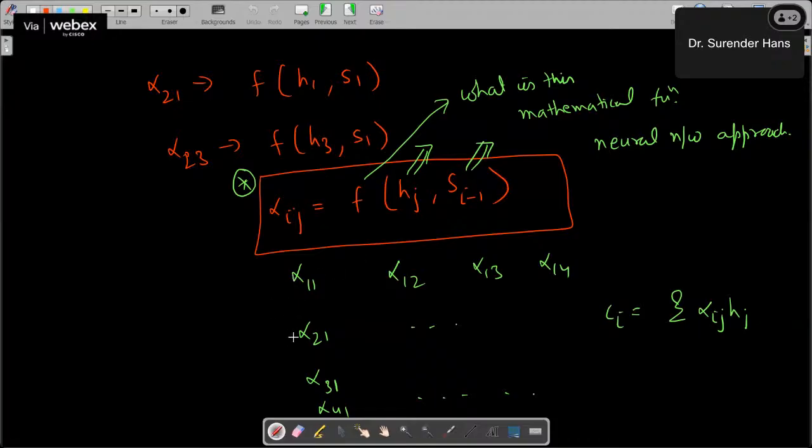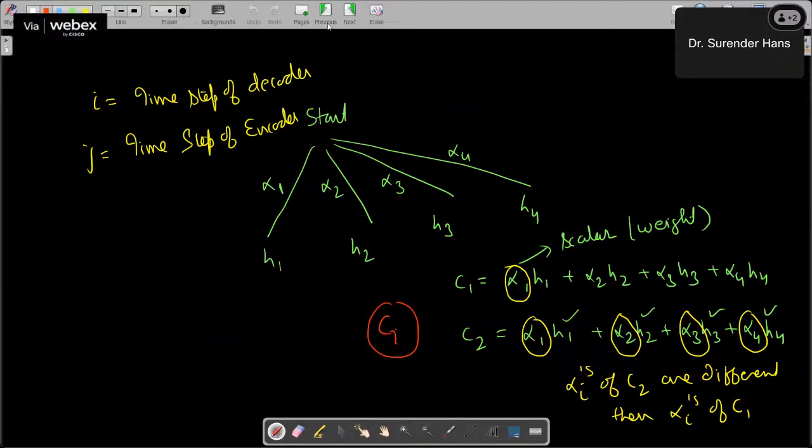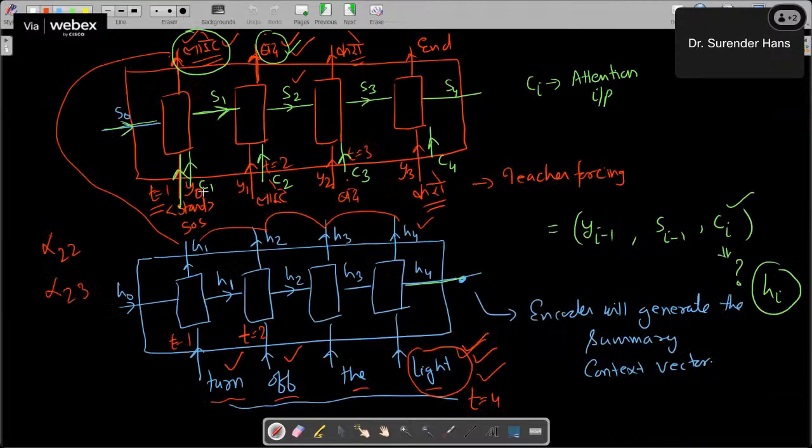So we have to calculate this alpha ij. Once you know alpha ij, we can easily calculate Ci, and Ci is the extra, third input, used to print the output of the decoder at different time steps. That is the attention mechanism.